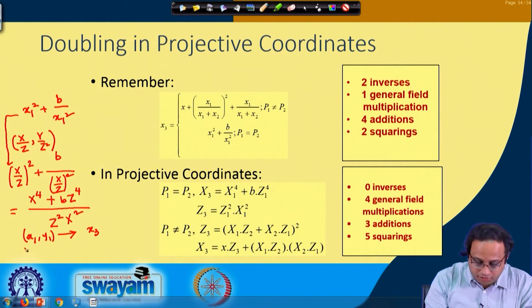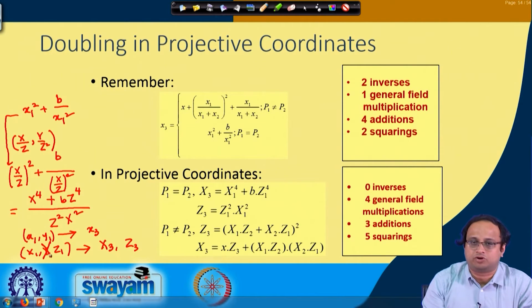But in the projective domain, you have x1 comma y1 comma z1, and from there you are calculating x3 and z3. As I said, we don't need y1 because of the advantage of the Montgomery ladder. We are basically operating on x1, z1 and calculating x3 and z3.